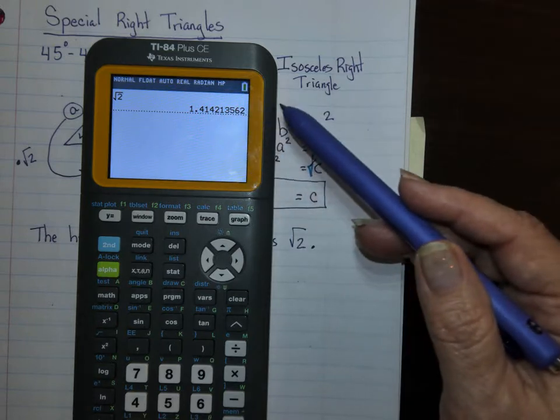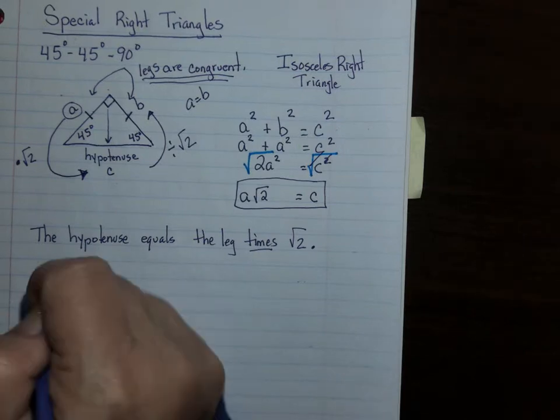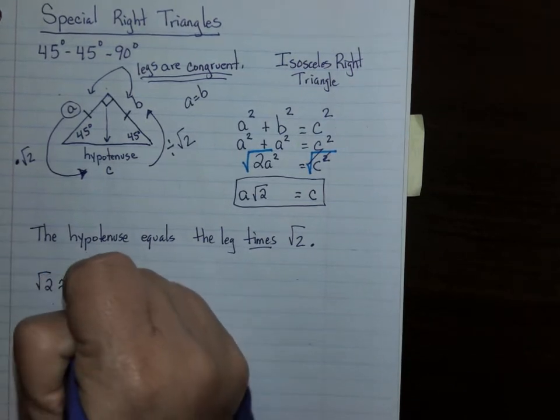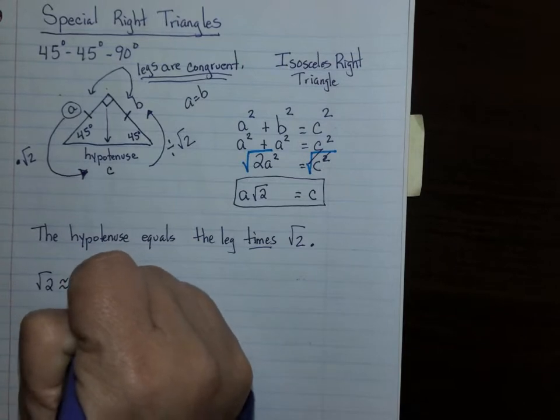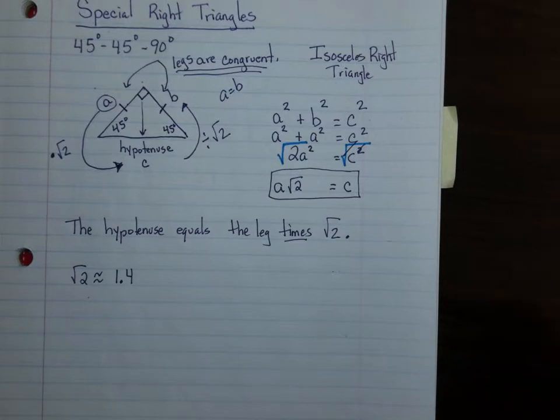This is not even the end of it. It's an irrational number, but we want to keep in our mind that the square root of 2 is close to 1.4. So every time we write square root of 2, we want to think, oh, that's about 1.4.